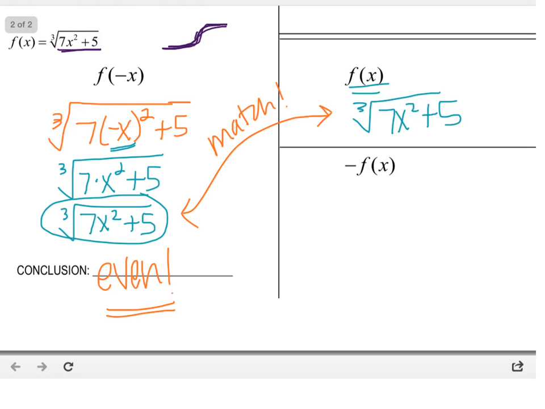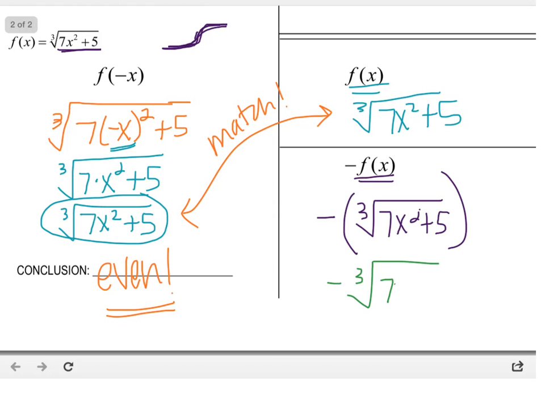And just to show you how the odd test isn't going to give us a match, if I take a negative and multiply it by the original function, well, that's really all you can do. With the radical, you can't distribute this negative underneath the radical. That cube root prevents that. So this just simplifies to negative cube root of 7x squared plus 5. Since these two are not a match, it's not odd.